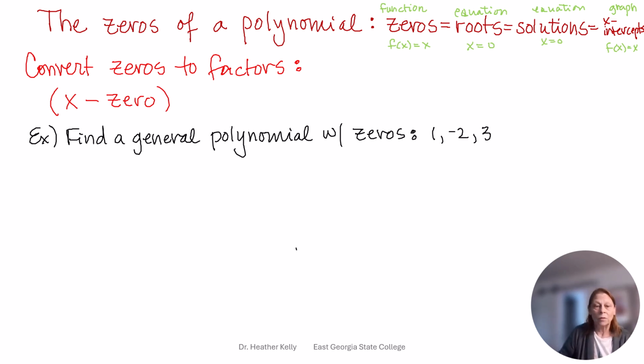Okay, so if we want to find a general polynomial, the first thing we need to do is we need to write the zeros as factors.